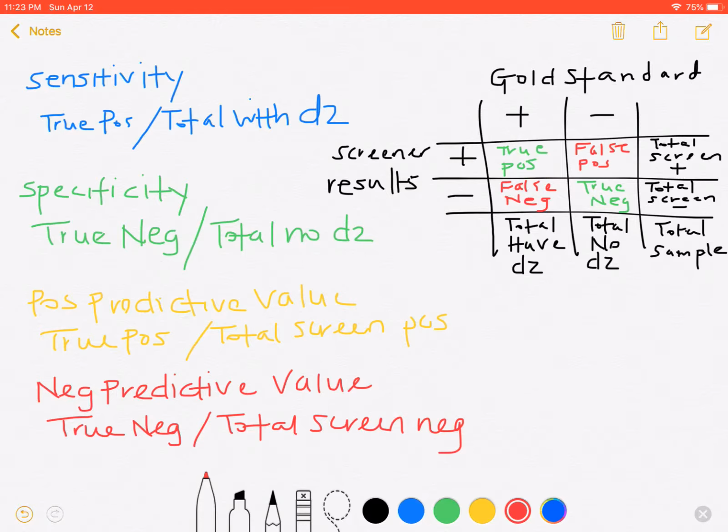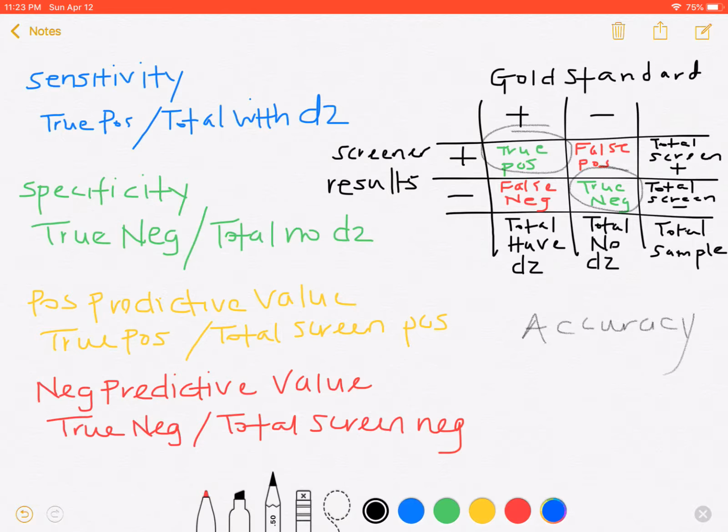Now the very last statistic that we want to calculate is accuracy. What this tells us is overall how well did the test do. If we want to talk about the test doing right, it is when they have true positives and true negatives.